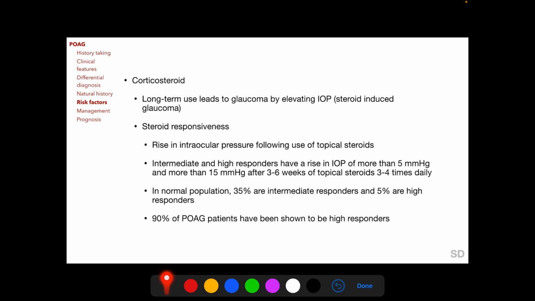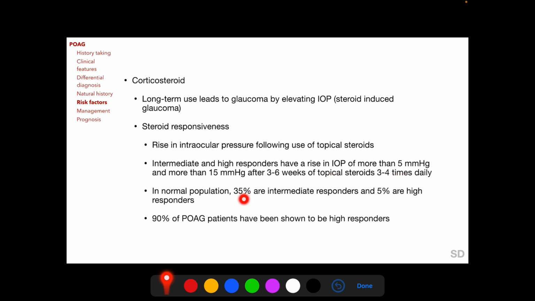And the degree of steroid responsiveness has been classified as intermediate and high responders, who have a rise in intraocular pressure of more than 5 millimeters of mercury and more than 15 millimeters of mercury respectively after 3 to 6 weeks of using topical steroids 3 to 4 times daily.